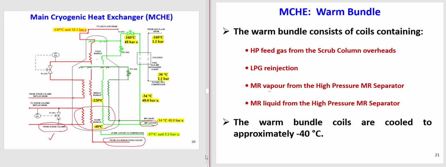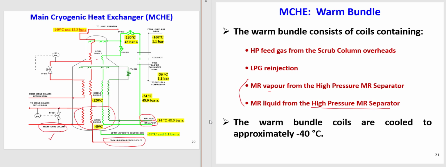Finally, mixed refrigerant liquid from the high pressure mixed refrigerant separator. We already talked about these two before in other units, unit 4, in more detail. The warm bundle cores are cooled to approximately minus 40. So the warm bundle here is almost minus 40.